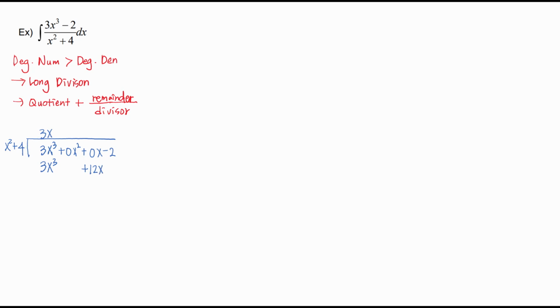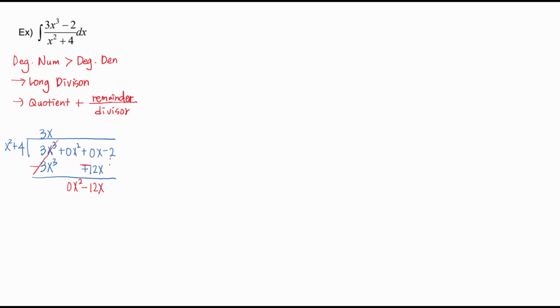So now you write under the like terms. We need to subtract the top polynomial minus the bottom polynomial. That means switching the signs of the bottom polynomial to its opposite and adding the top and bottom. So this first term's gone now, and you can carry the top ones down. You have a 0x squared, and then you have 0x minus 12x, which is negative 12x.